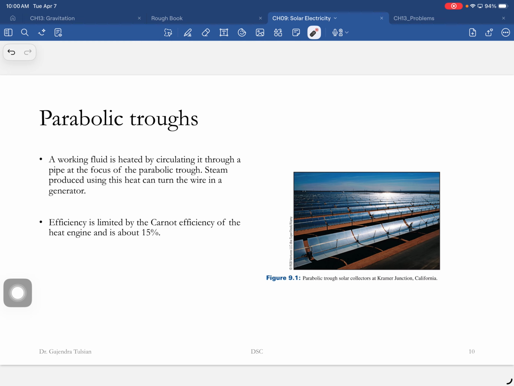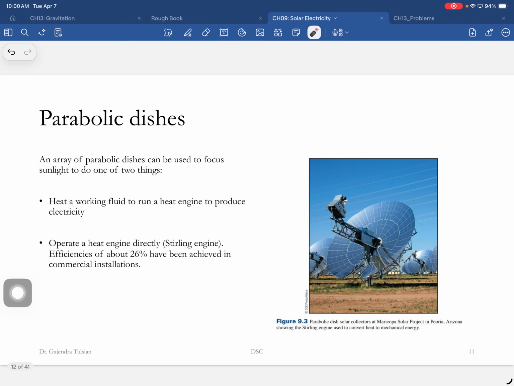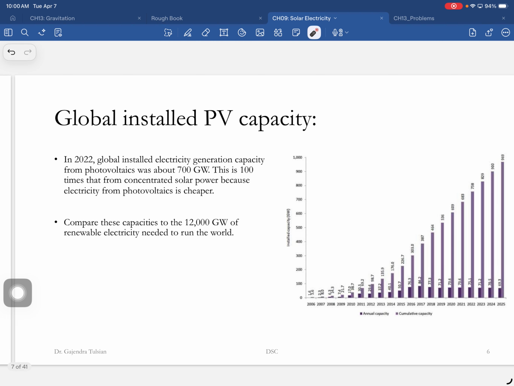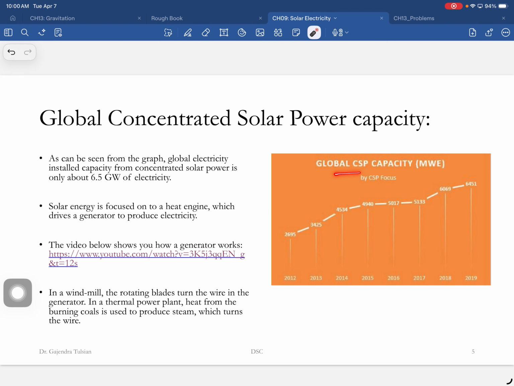This is 6.5 gigawatts. Mega is 10 to the power 6. This is 10 to the power 9. So 6.5 gigawatts. What is a gigawatt? A Hoover Dam. Okay. So this is 7 Hoover Dams worldwide.